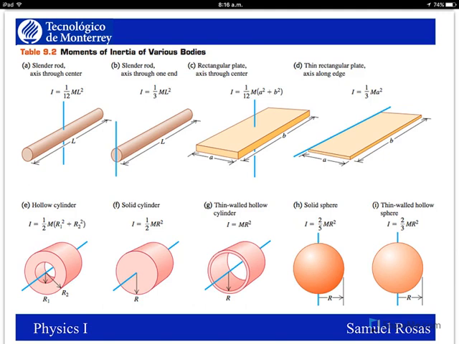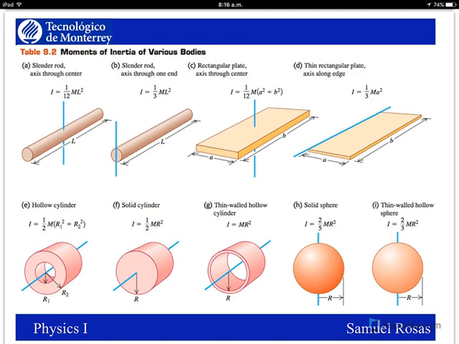For instance, a slender rod with axis through the center, that's the first one: 1/12 of the mass of the whole rod times the length of the whole rod squared. But if instead it is rotating not in the center but about an axis at one end, then it's 1/3. So it is higher than the previous one because we have more mass that is farther away from the axis of rotation.